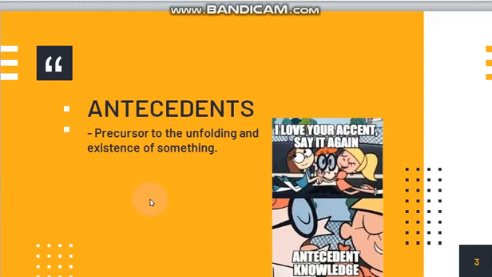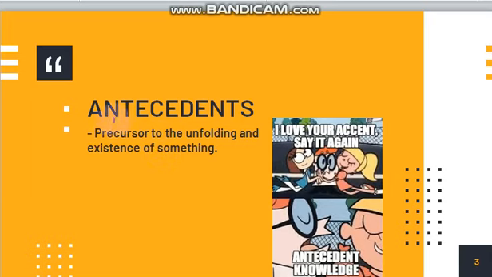So let us define antecedents first para mas maging malinaw sa inyo ang topic na ito. When we talk about antecedents, lagi kong naaalala, it's like a thing or event that existed before or logically precedes another event. The definition of antecedents is the precursor to the unfolding and existence of something.